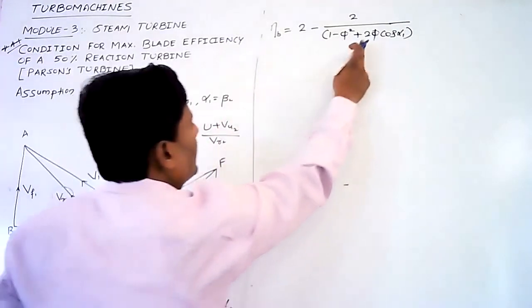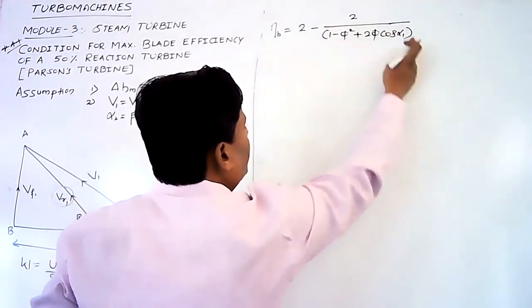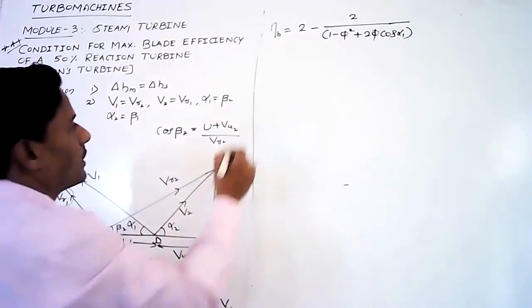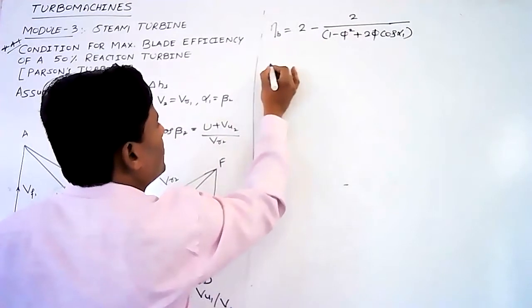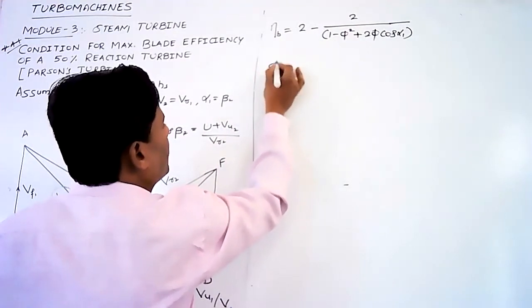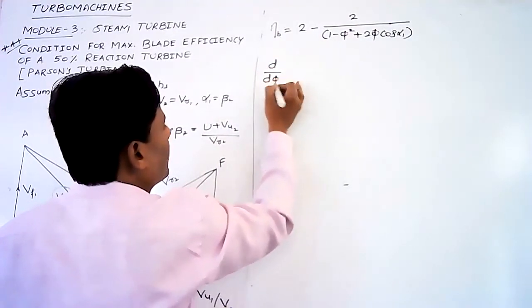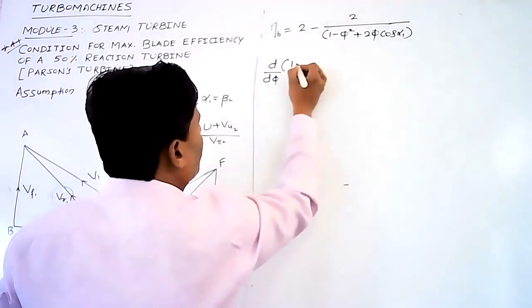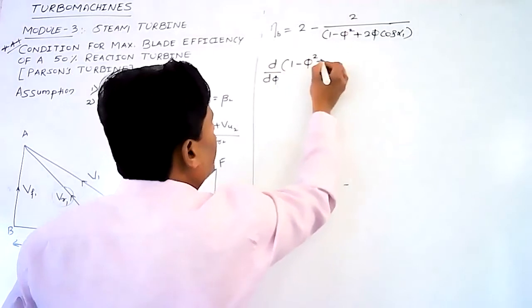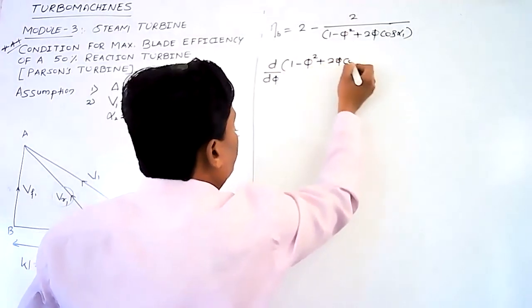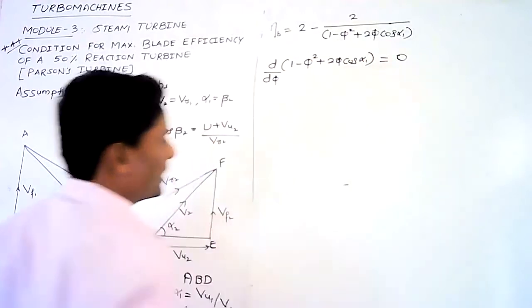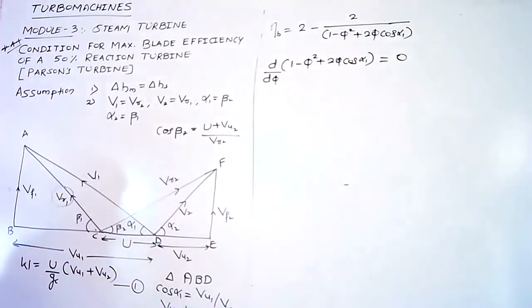Let us differentiate the term in the denominator, 1 minus phi square plus 2 phi cos alpha 1, with respect to phi and equate it to 0.